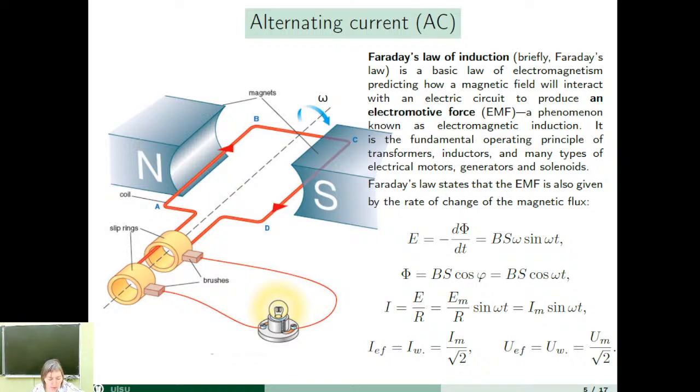The rotating contour consists of N coils of wire laid on a ferromagnet core. Therefore, the electromotive force excited in such a generator will be E equal to B S N omega sin omega t.